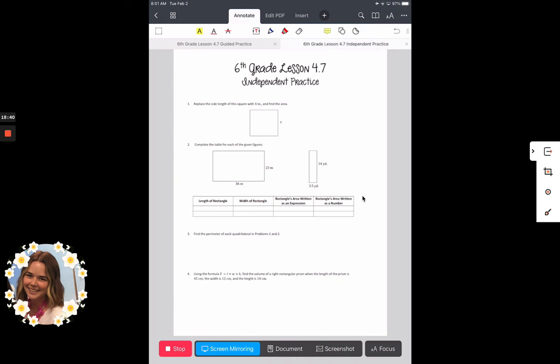Remember, the perimeter goes around the outside, so you're adding up all the sides. And part 4, or number 4, says using the formula for volume. Find the volume of a rectangular prism when the length is 45 centimeters, the width is 12 centimeters, and the height is 10 centimeters. So if it helps you to draw the shape out, you can do that, or you can just write it out and solve it.